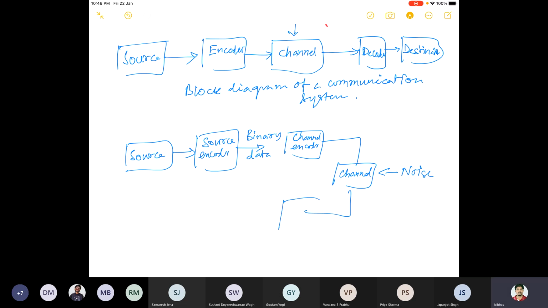Then there will be a channel decoder, and then it will decode some binary data. Then this will be the source decoder, and then we'll say that it has reached the destination.